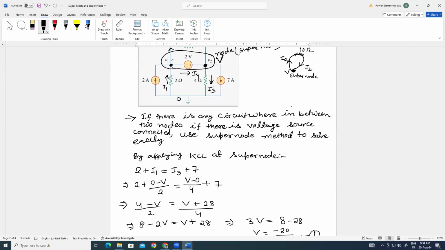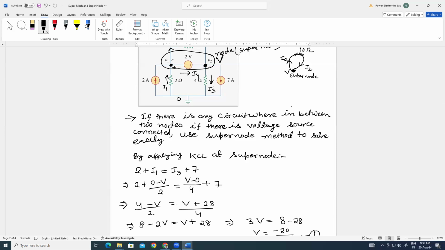This is higher potential, this is lower potential. If we have assumed the current direction here, by assuming this as an element, this is V1 minus V2.